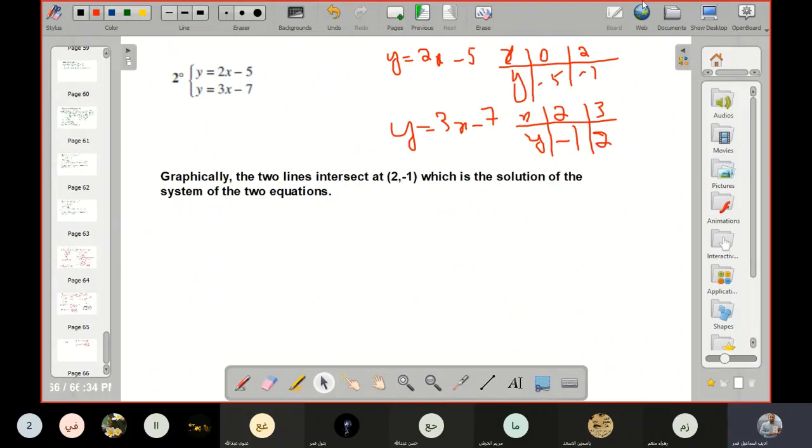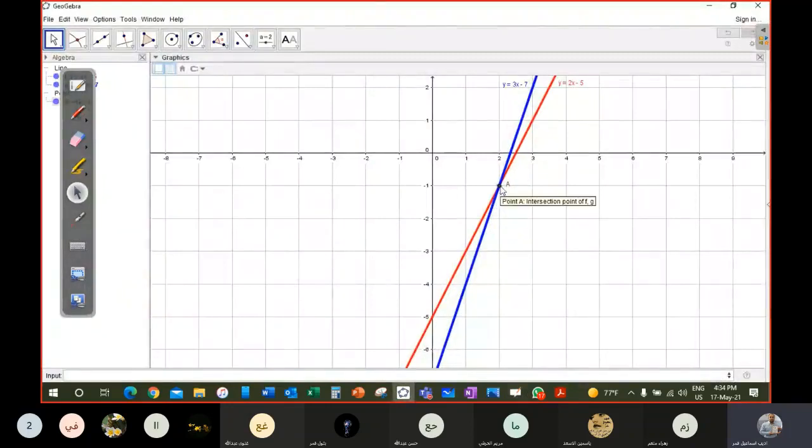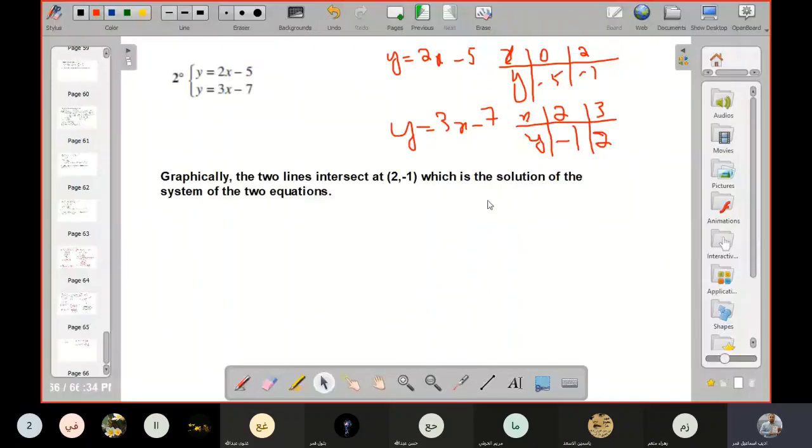After plotting the two lines by using these tables, we get the figure which shows on the graph that these two lines intersect at this point A of coordinates 2, -1. So 2, -1 is the point of intersection of the two lines, which is also the solution of the system of the two equations.